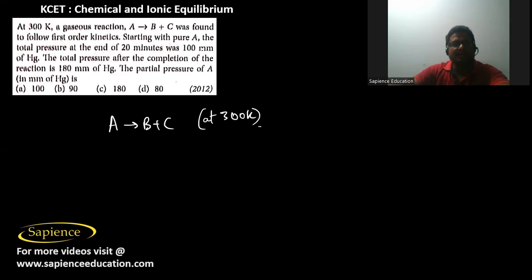Starting with pure A, the total pressure at the end of 20 minutes was 100 millimeter of mercury. The total pressure after the completion of the reaction is 180 millimeter of mercury Hg. The partial pressure of A in millimeter of Hg is?